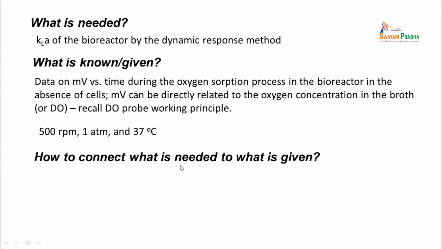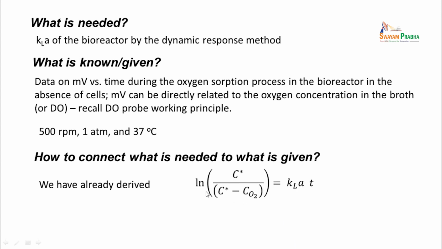The third question, how to connect what is needed to what is given. We have already derived that log of C star by C star minus CO2 equals KLa times T. CO2 is the dissolved oxygen concentration. C star is the concentration in the liquid phase that is in equilibrium with the gas phase oxygen concentration.